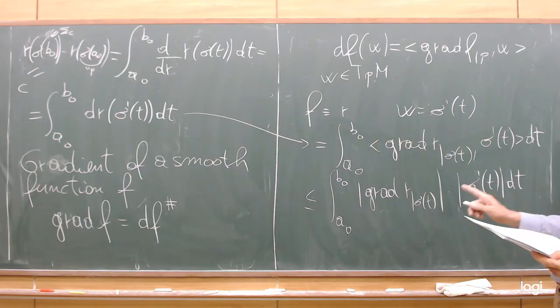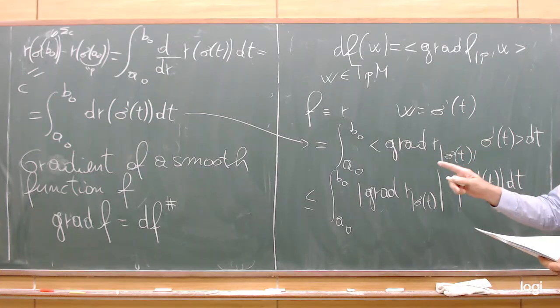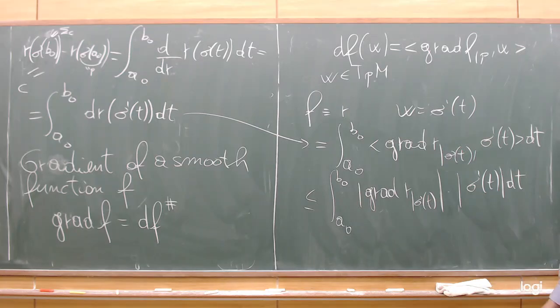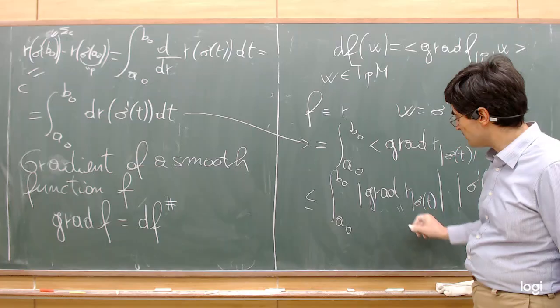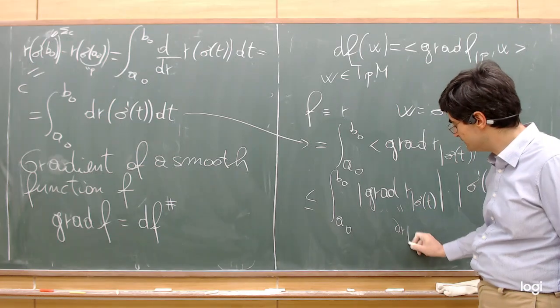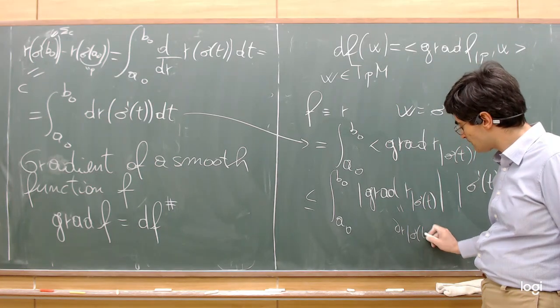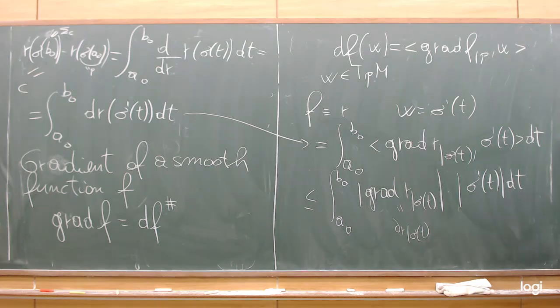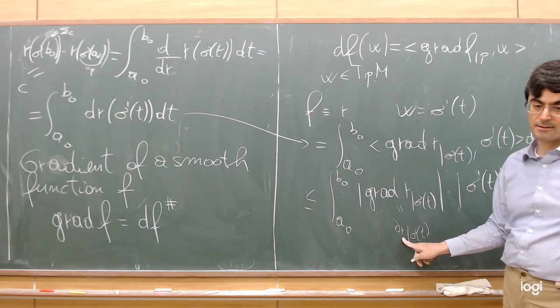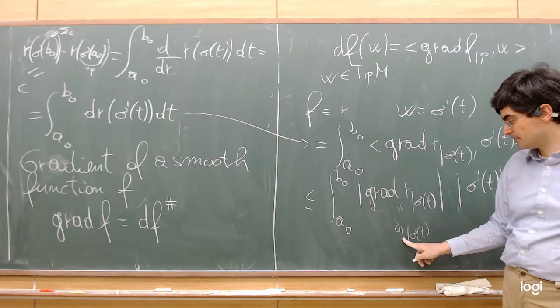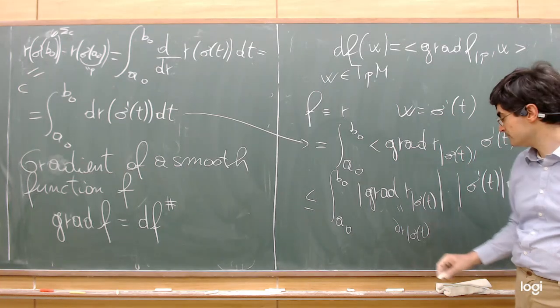So now we use the previous corollary, which says that this coincides with delta r, and this is a vector field which has length 1.